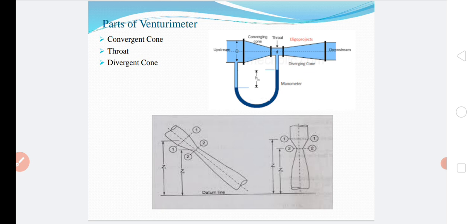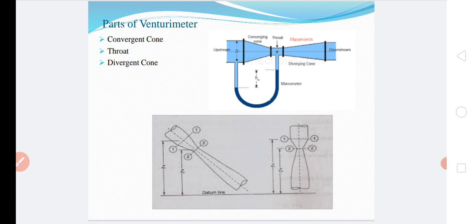If the pressure is rapidly recovered, there is every possibility of breakage of the walls of the venturimeter. That means when the cross section reduces, there is a decrease in pressure, and when velocity decreases, pressure increases. For this reason, after passing the throat, there is a huge pressure, which creates a possibility of breaking the wall of the divergent section.